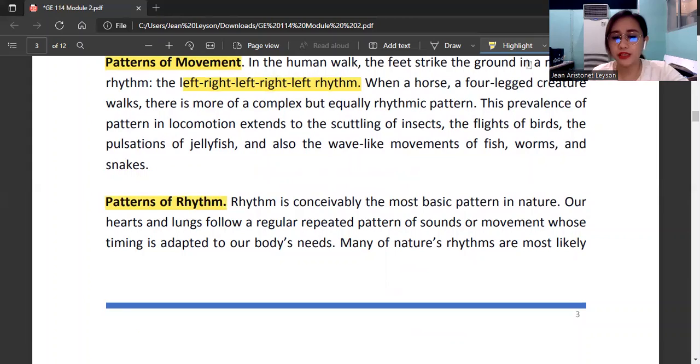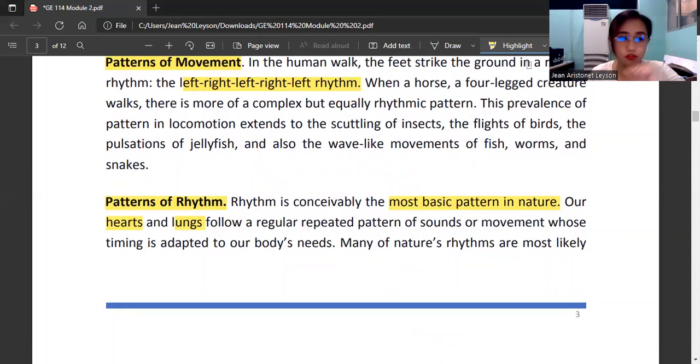Next, we have patterns of rhythm. Rhythm is conceivably the most basic pattern in nature. Our hearts and lungs follow a regular repeated pattern of sounds or movements whose timing is adapted to our body's needs. Our heart follows a pattern or a rhythm whenever it pumps blood, whenever it contracts.